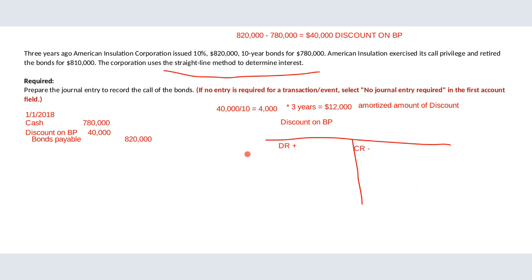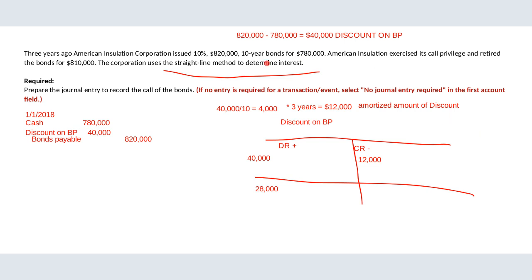All right. So we started with 40,000. We decreased it with the amortization by 12,000. So now our ending balance at the end of the 3 years is 28, if my math is right.